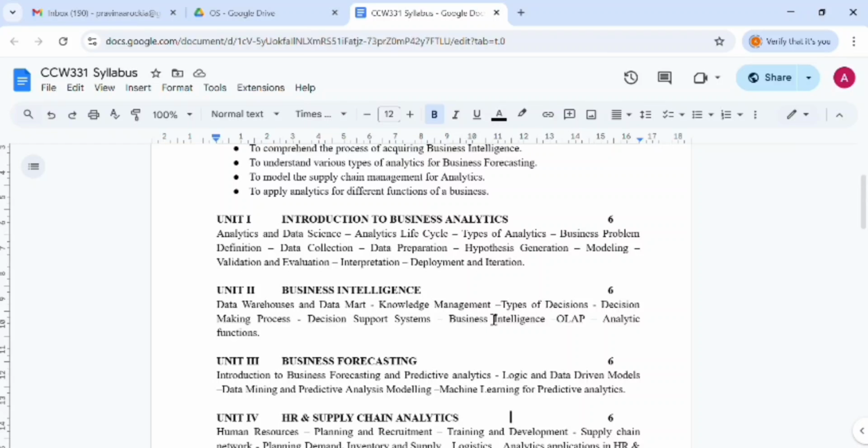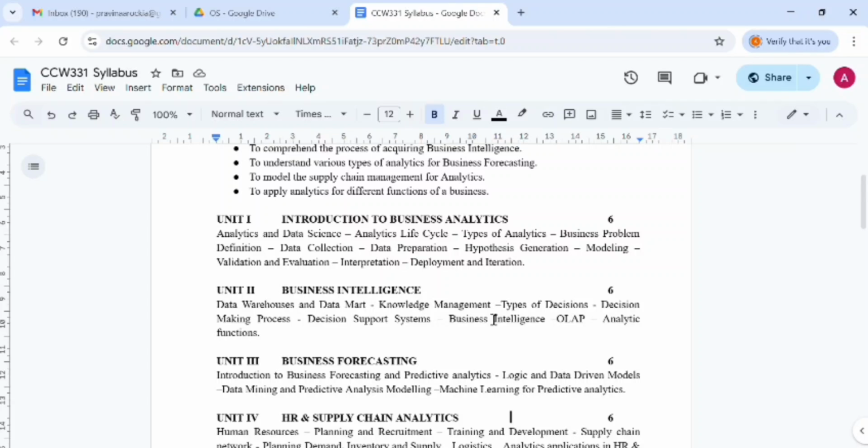It used to cover a small unit of data. And in this, we are going to discuss knowledge management, types of decisions, decision support systems, and OLAP for multidimensional queries. After having the data, we can go for multidimensional querying and various analytical functions to aid strategic choices. So it covers business intelligence.